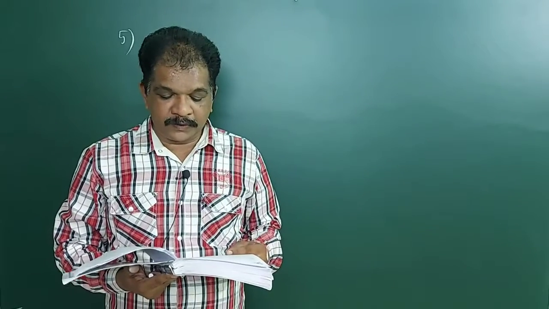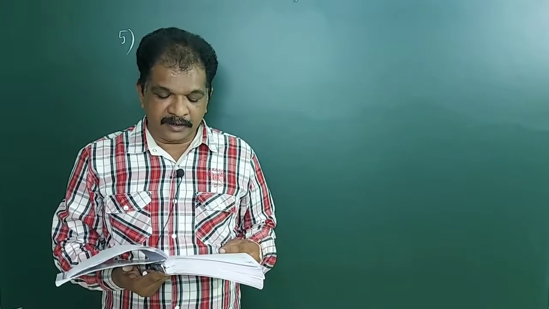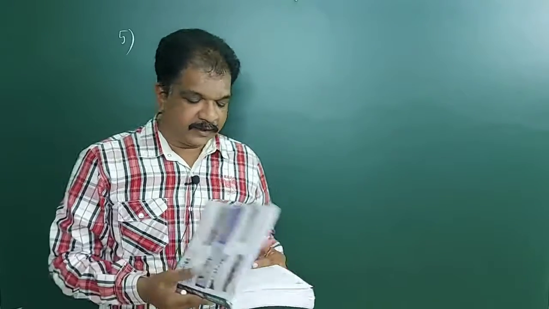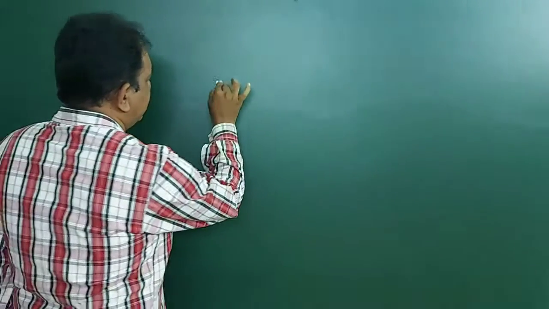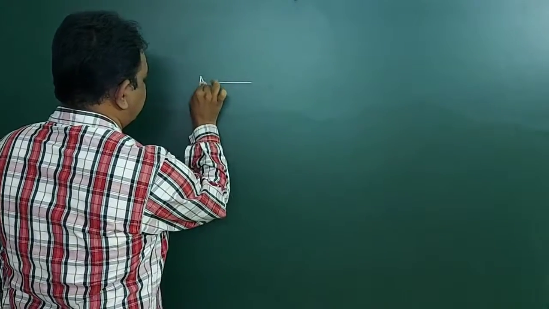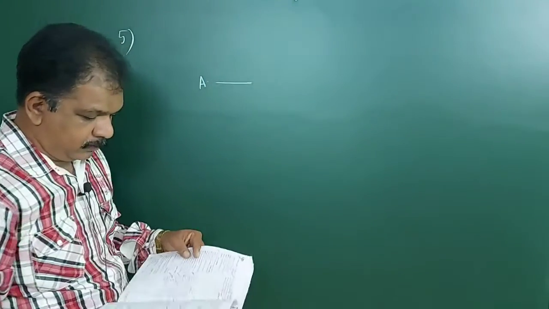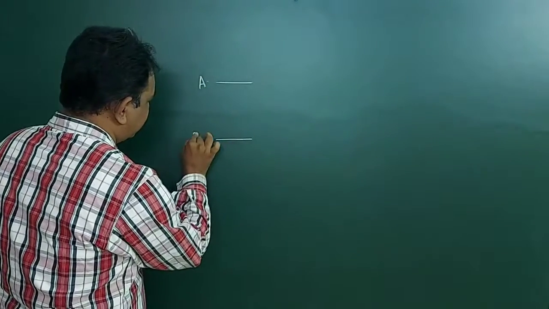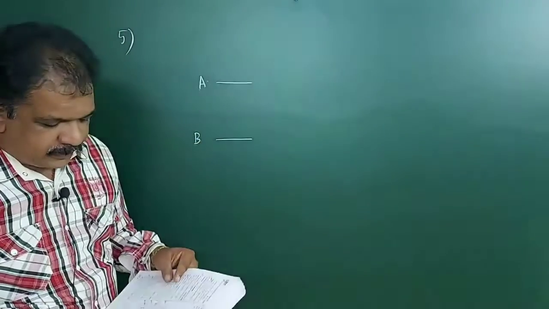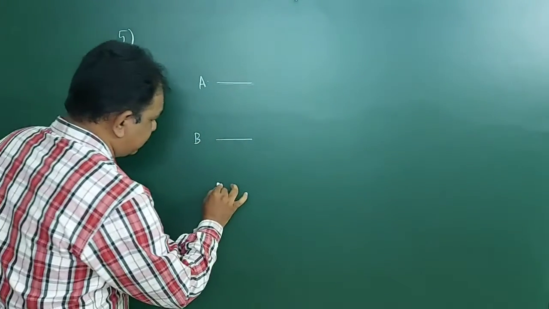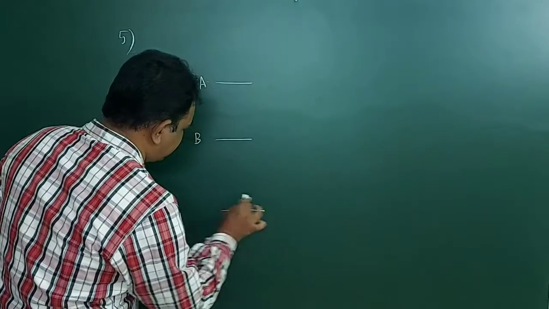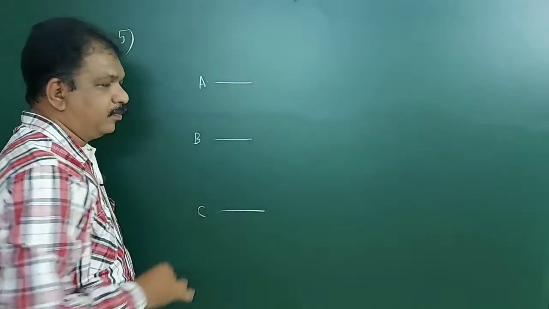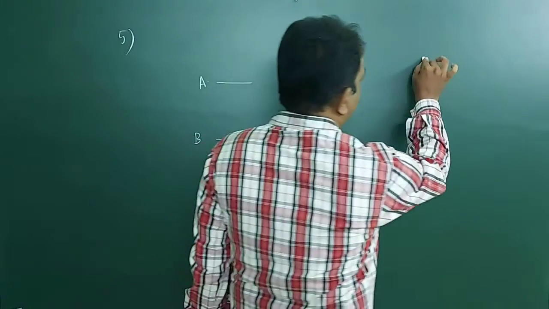The following figure shows a logic gate. A, B are the inputs. C will be the output. What is the logic gate? See here. A will be like this. Next, B will be like this. Next, C will be like this. This is 0, 0. Output will be 0.